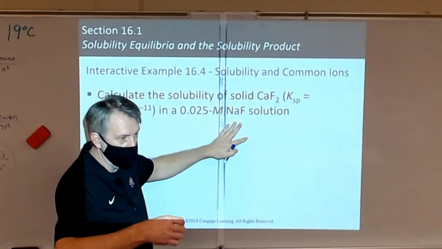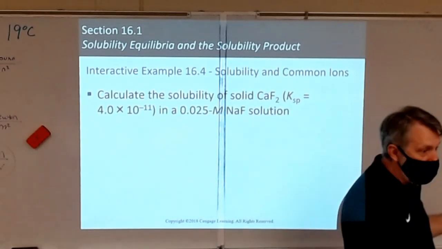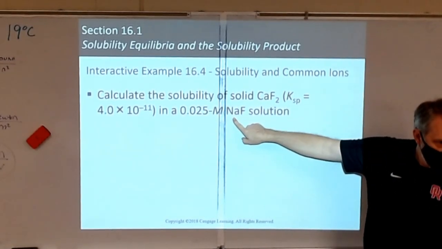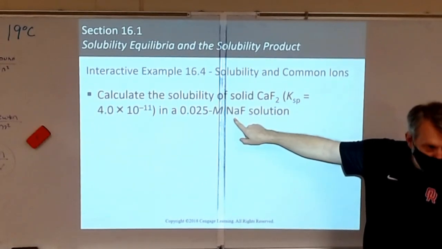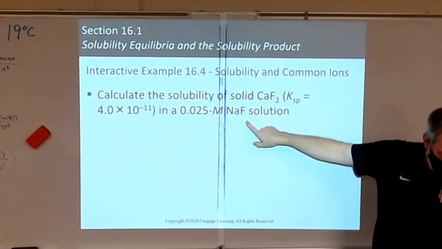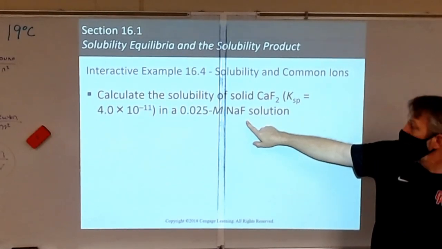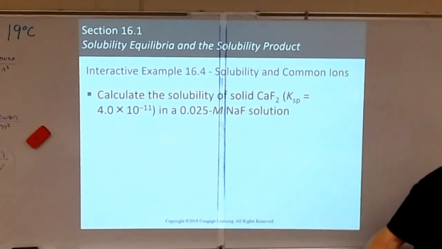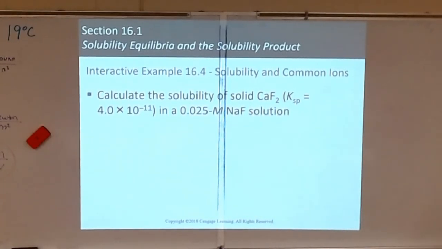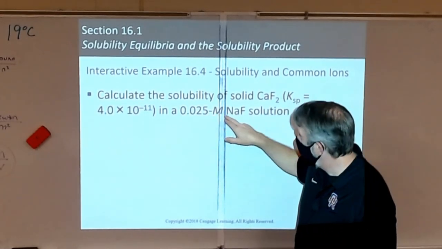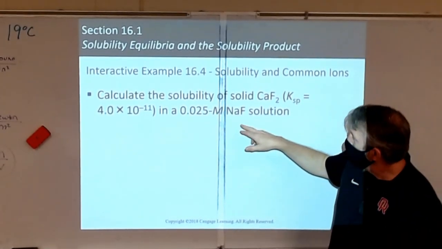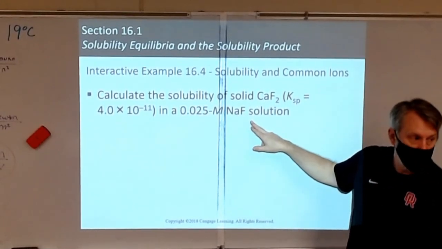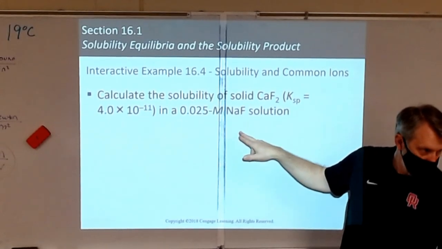By the solubility rules, if it's got sodium, it's going to be totally soluble, so I have 0.025 moles of sodium and 0.025 moles of fluoride, right? If I have a solution of sodium fluoride, it completely dissociates. So if I started out with 0.025 molar sodium fluoride, I'm going to have 0.025 molar sodium and 0.025 molar fluoride. Y'all follow me?